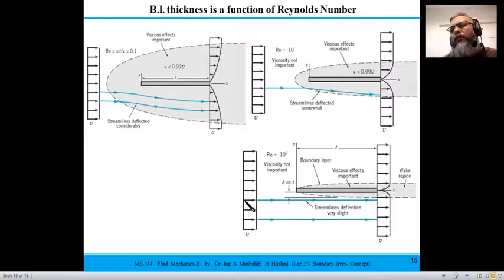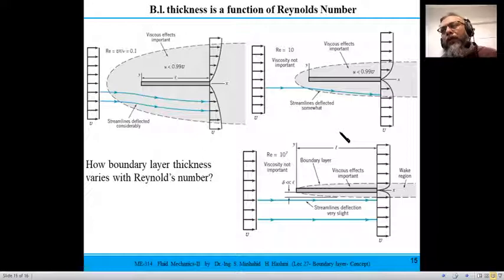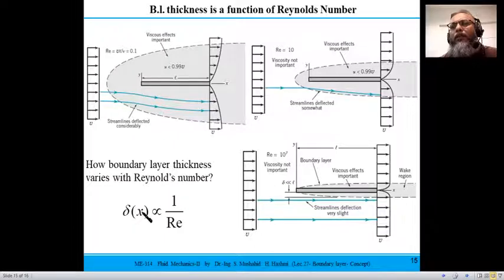We can think of the streamlines as not deflected or only very slightly deflected, because that thin region is very close to the boundary at high Reynolds number. The linkage between boundary layer thickness and Reynolds number is that the boundary layer thickness is inversely proportional to the Reynolds number. So if you have a higher Reynolds number, then the boundary layer thickness is smaller. We have seen this today in this lecture qualitatively, and the same thing we will do quantitatively in the later part of the course.